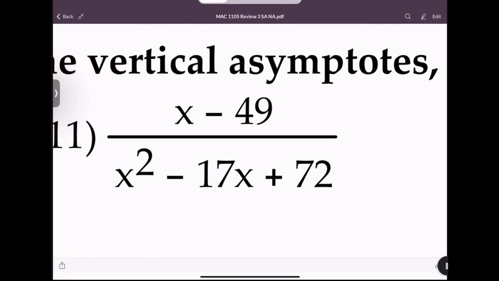So you have to factor this essentially. Yes. Square root it. There's a vertical asymptote. There's our three cases, right?